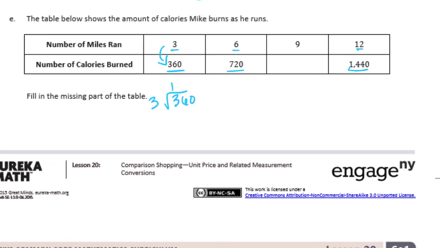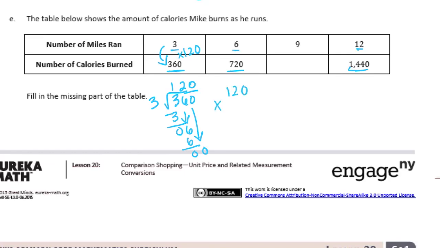3 goes into 3 one time. 3 goes into 6 twice. Bring down the 0, and 3 goes into 0 times. So that was multiplied by 120. And we can see if that works.